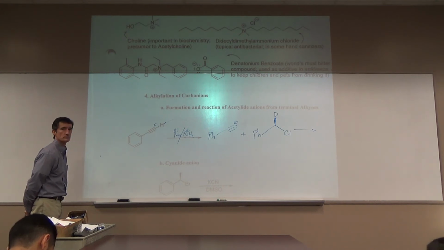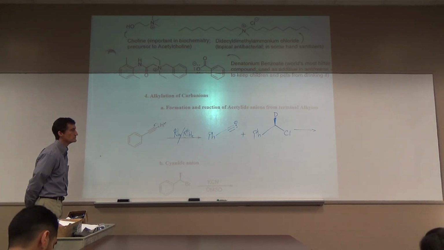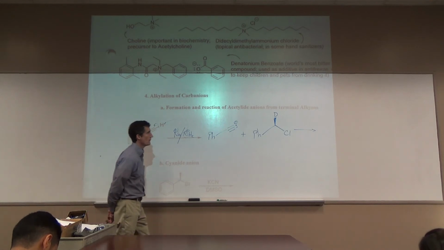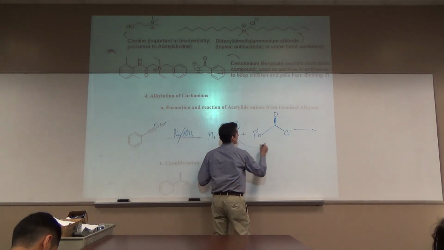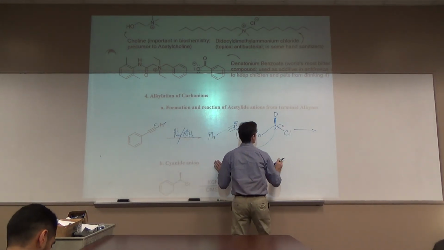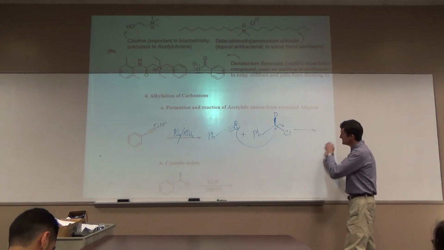I don't know what the name of it is, but would it be 2 phenyl groups? These electrons are going to kick off the chlorine. You didn't want to take the deuterium?